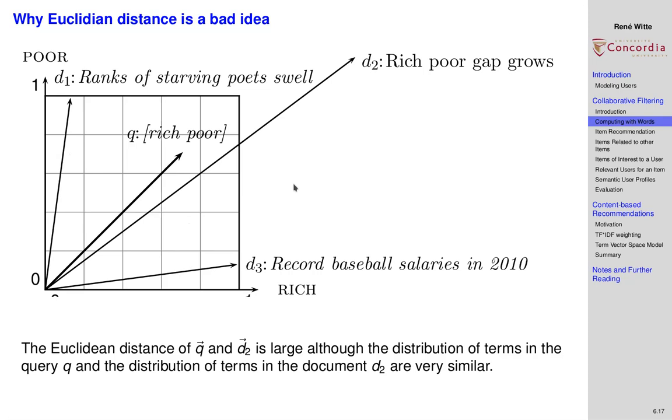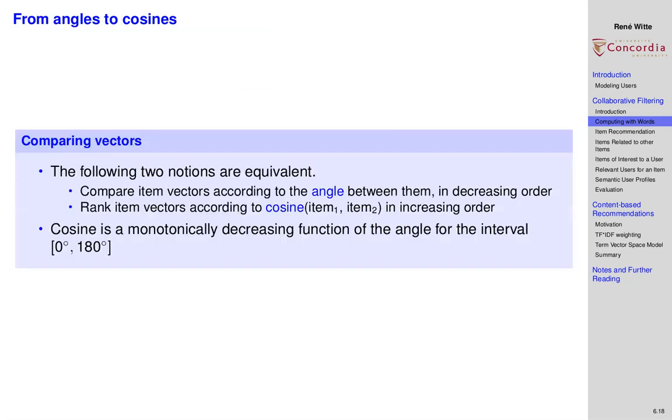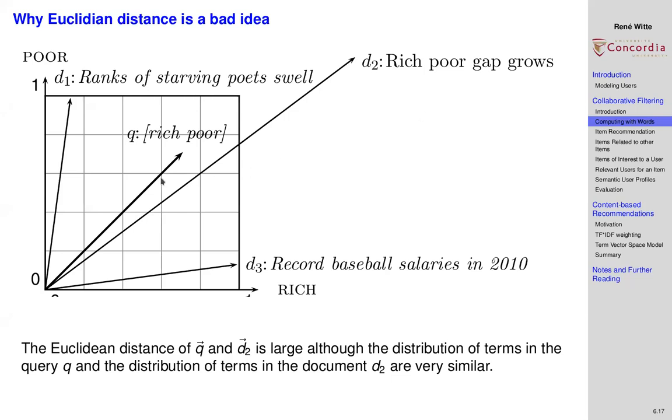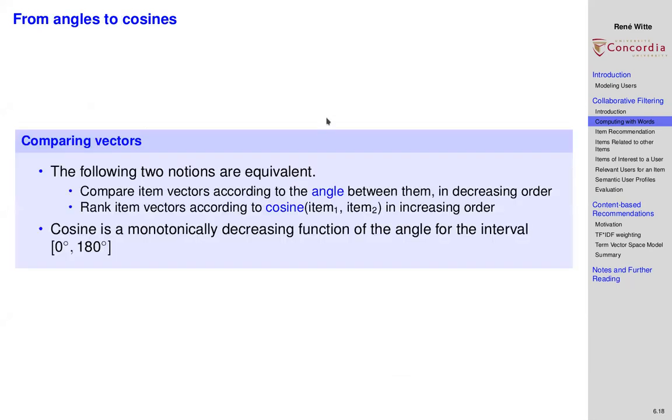And this is what is generally used as the similarity in a vector space. So in terms of the angle, the smaller the angle, the more similar two items are. And in practice, what we do to compute the similarity is, instead of using the angle directly, we are looking at the cosine of the angle.